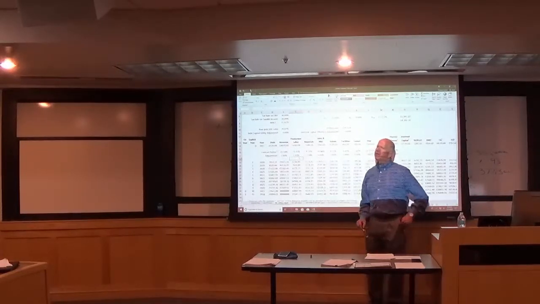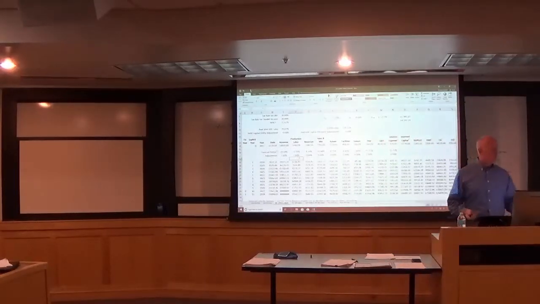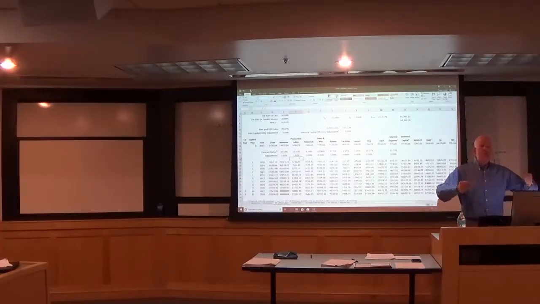But let's think about this. If getting a little bit bigger this next year brought me a 2% scale economy, is it likely that getting that much bigger still the following year will give me, again, exactly the same 2% scale economy? Or as I get proportionately larger, should my scale benefit get proportionately larger?